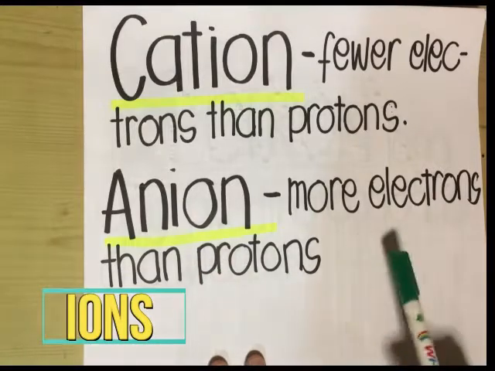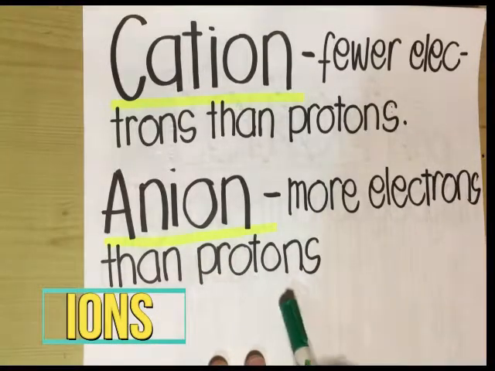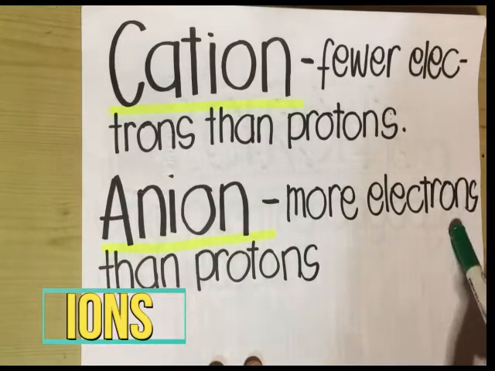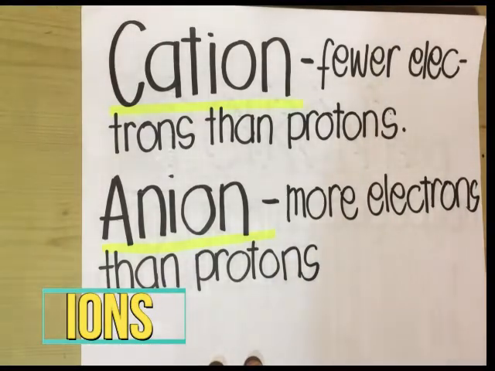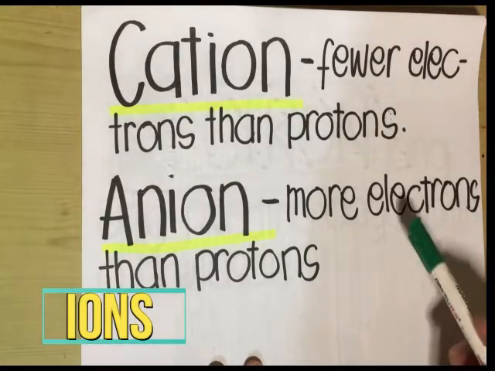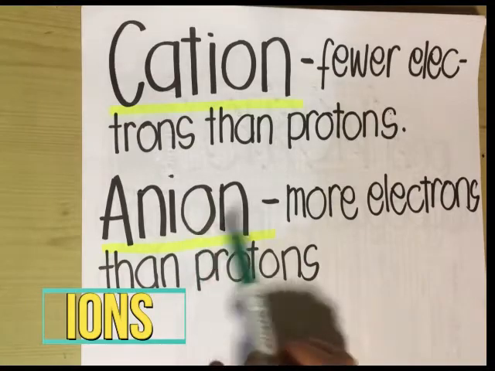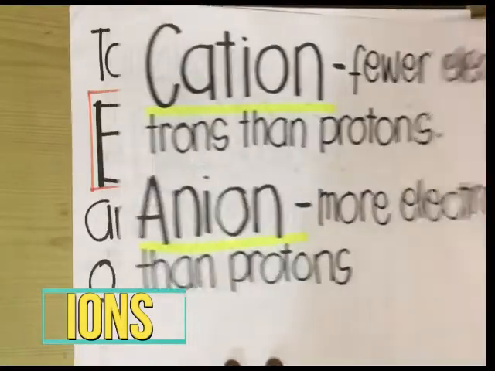Anion, more electrons than protons, which means mas greater yung number of electrons niya kaysa sa number of protons niya. So, once na mas greater yung electron, mas nagiging dominant yung negative kaysa sa positive. And we call that one as anion.